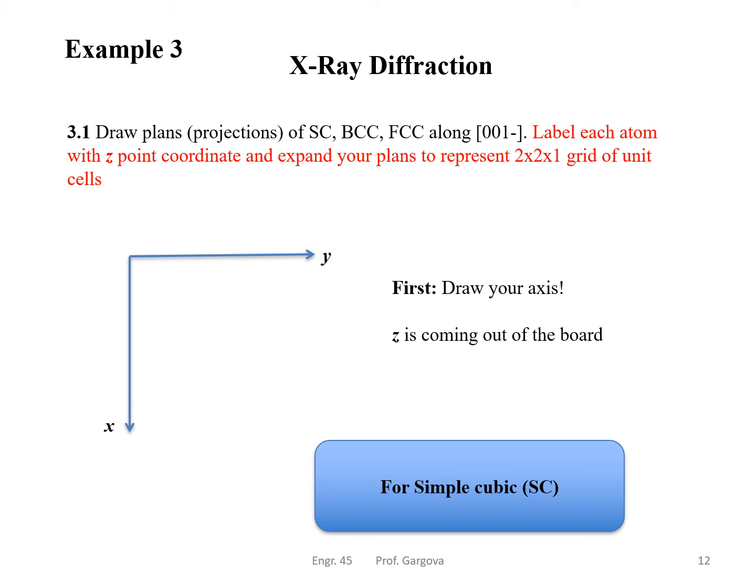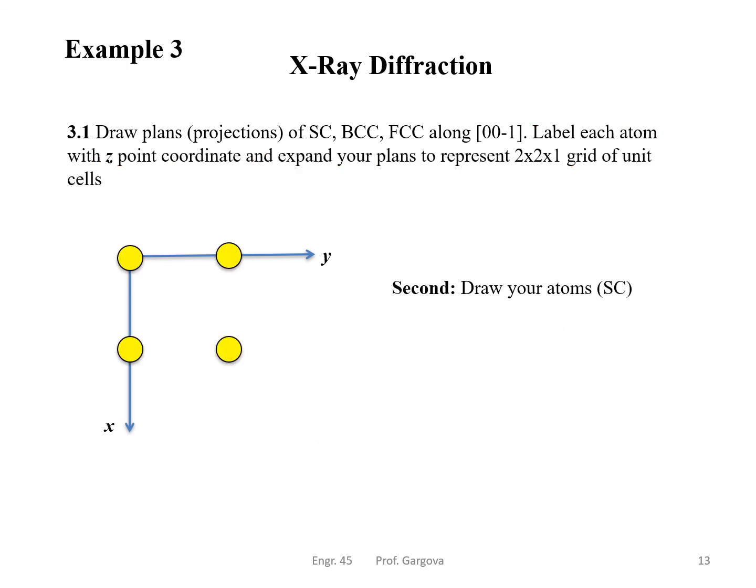So we consider like the XY plane, and we assume that the Z is coming out of the board. And so then if we go to the 2 by 2 by 1 grid, we can assume that if we were to view this from the Z axis, then we would see 2 atoms along the X axis and 2 along the Y axis, which would give you basically this arrangement of atoms, which would be 4 atoms if we look from on top or by the XY plane, and then 1 layer in the Z axis.